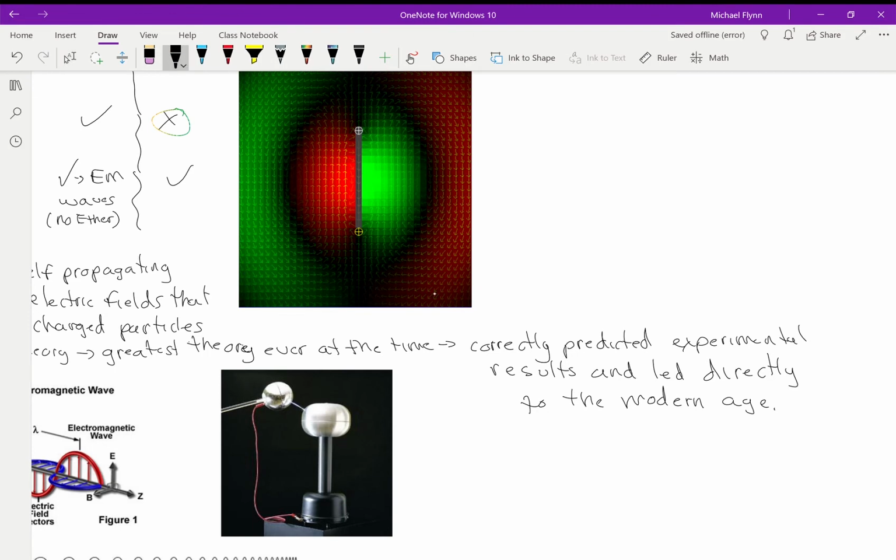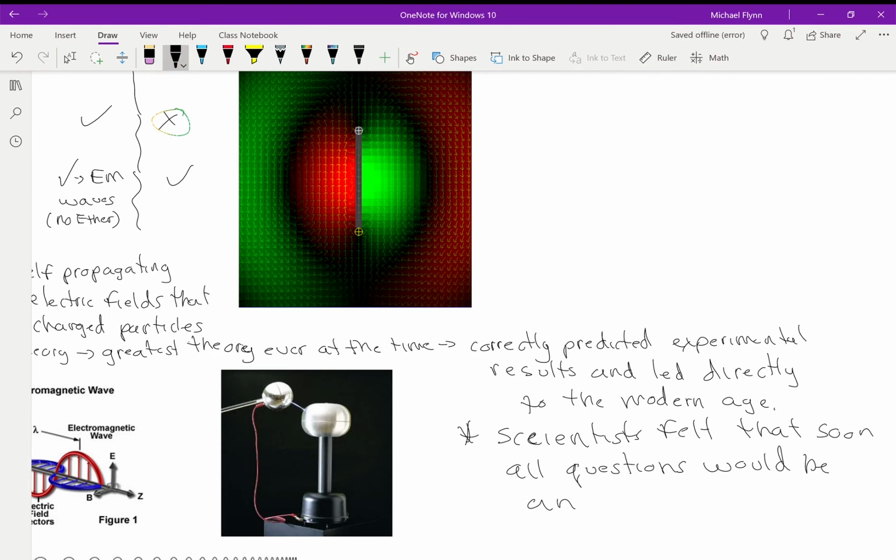Scientists were confident. Okay, physicists were confident in saying that soon all questions would be answered that anyone had ever asked about science, or about the world, about the universe.